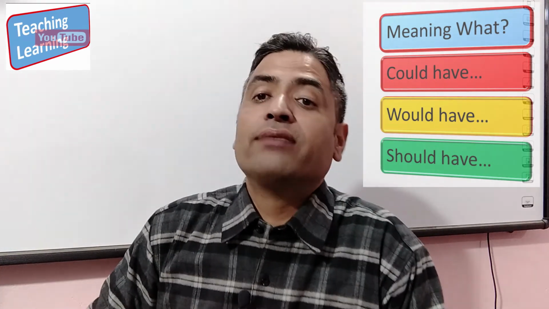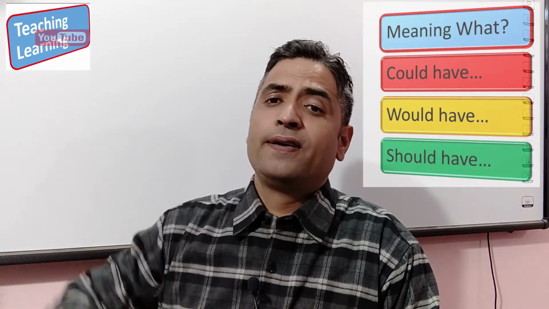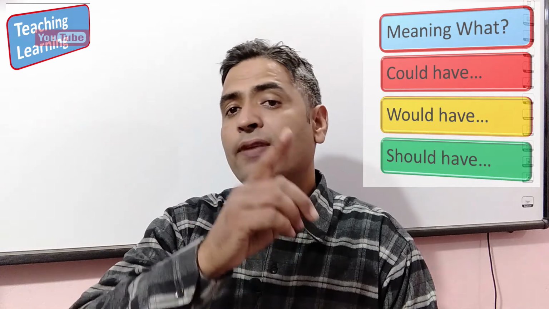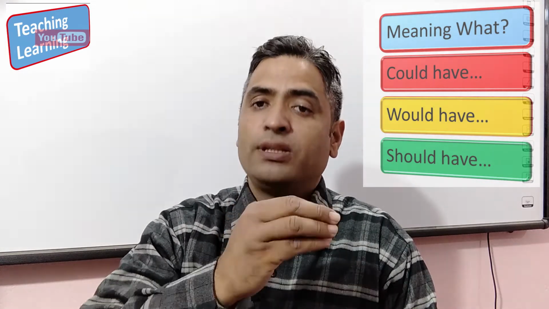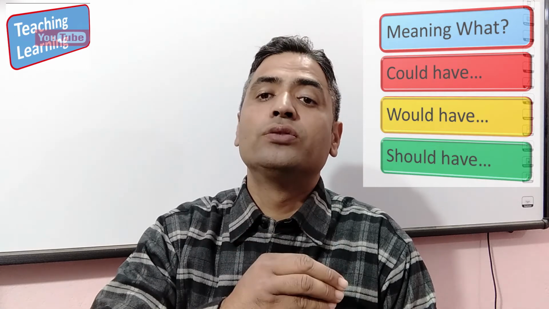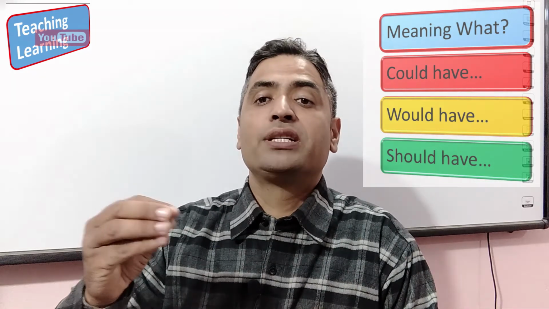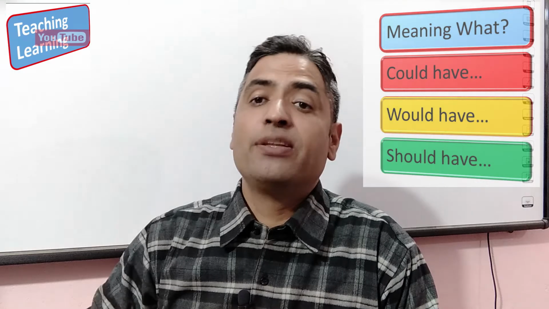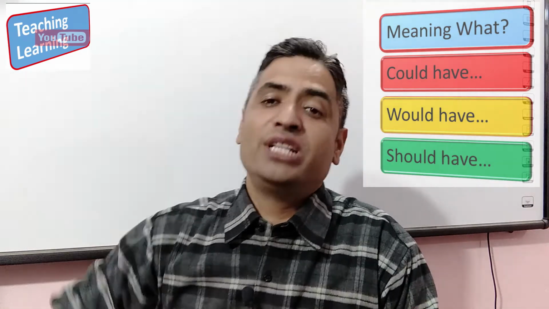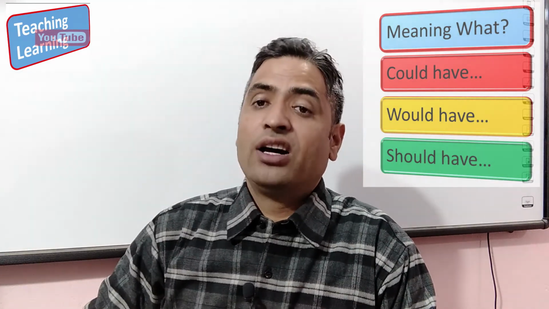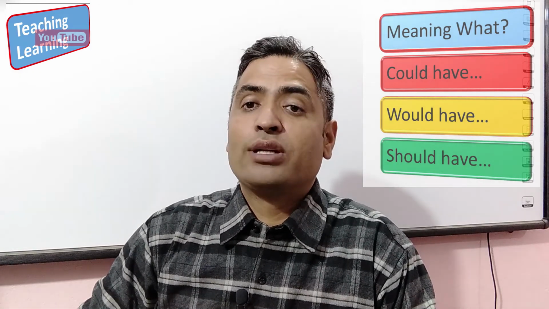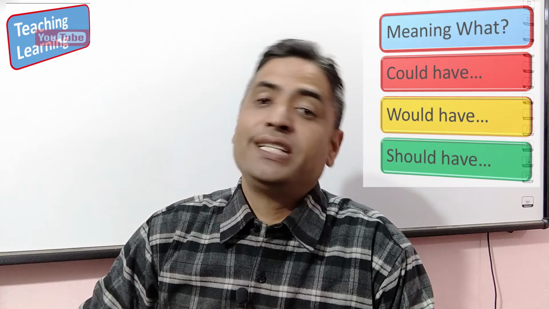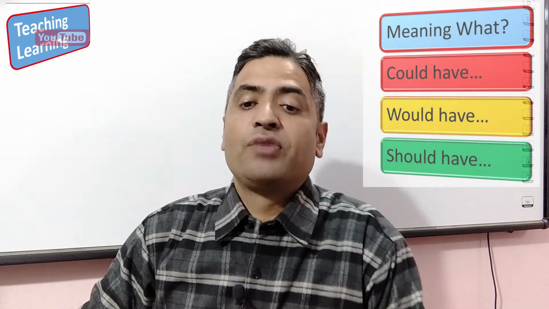So that is the impossible past. And the possible past is I could have studied medicine. It was possible to study medicine, but I didn't do it. Impossible past means I couldn't have studied medicine because I didn't have interest in that area, or my parents didn't allow me to study it. So there was no possibility of studying medicine in the past.